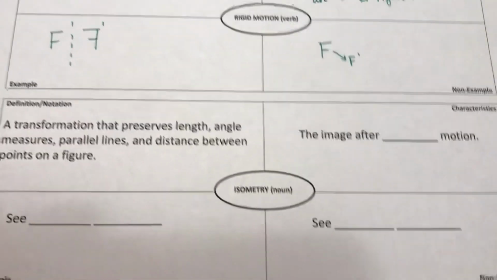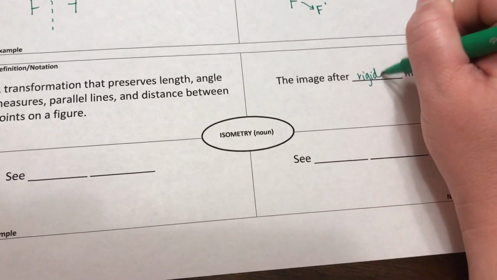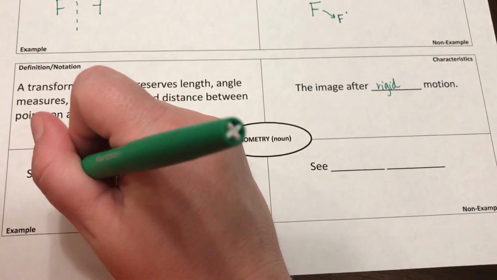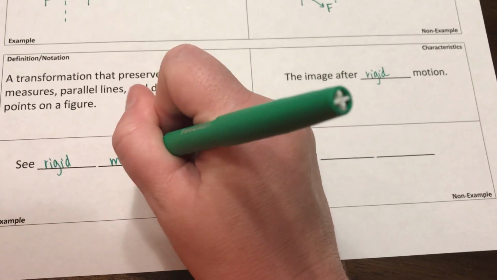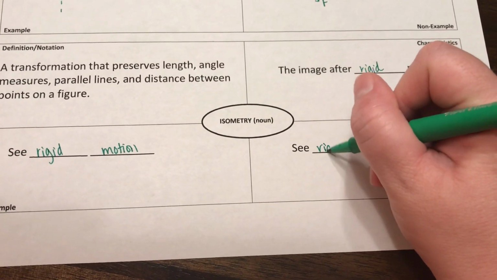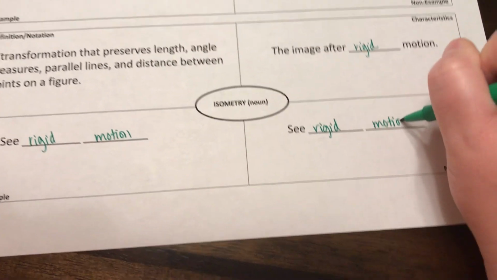Okay, this is the image after rigid motion. And basically for our examples and our non-examples, we can just look up to rigid motion. Okay, so see rigid motion on our examples and our non-examples.